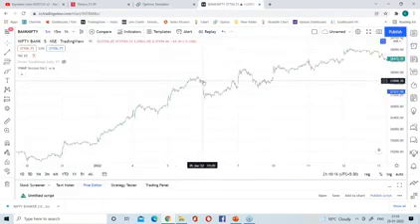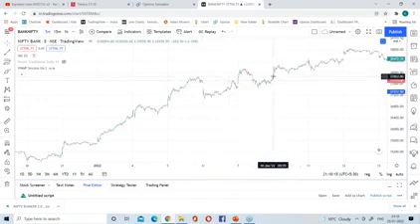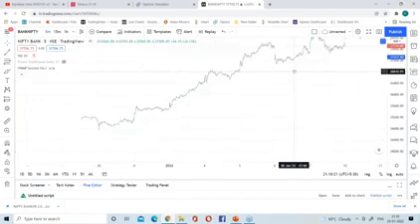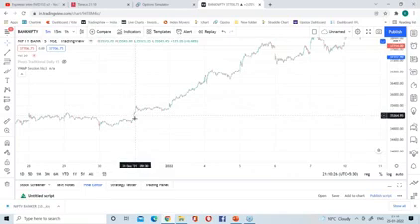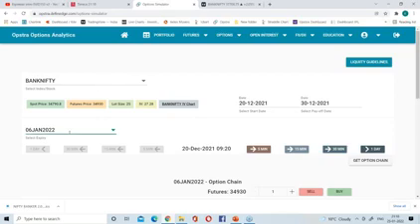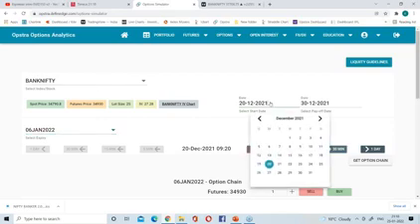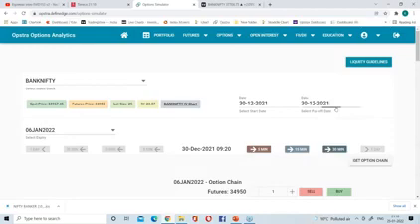This is the expiry day, 6th Jan, and it started from 30th December. So from 30th December the week started. Let's try to find out what happened in that week.